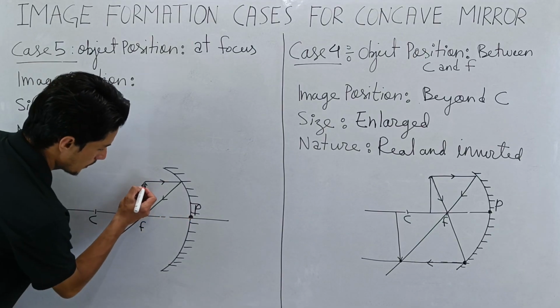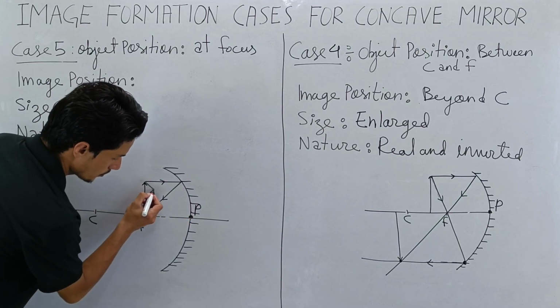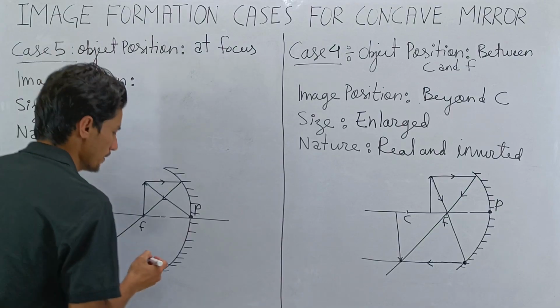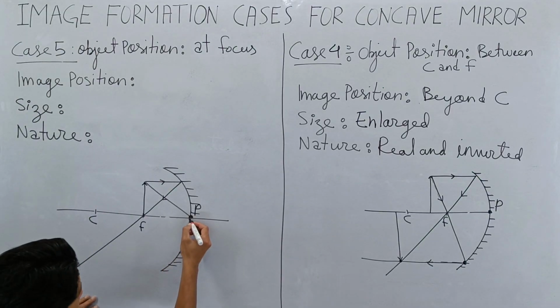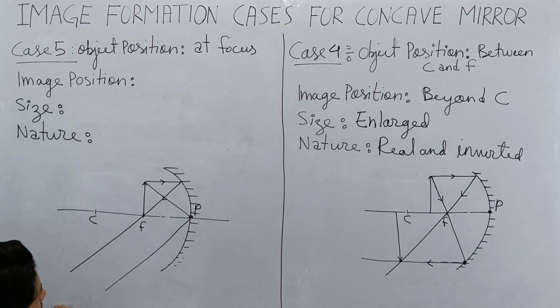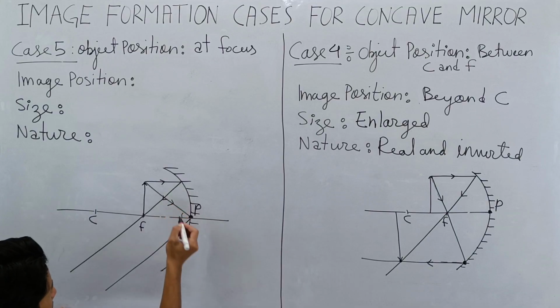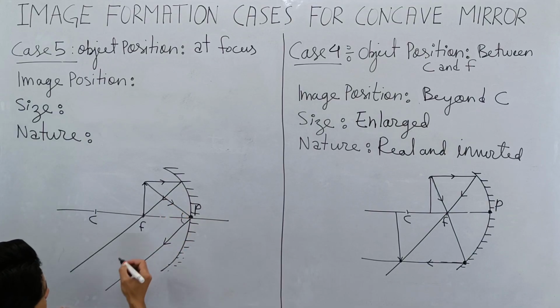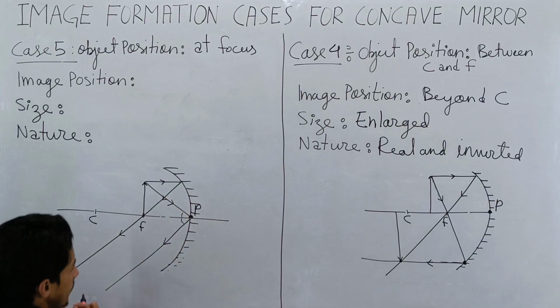So it enters through P, then the reflected ray will follow angle I equal to angle R. So this angle and this angle will be the same. This is the incident ray and this is the reflected ray.